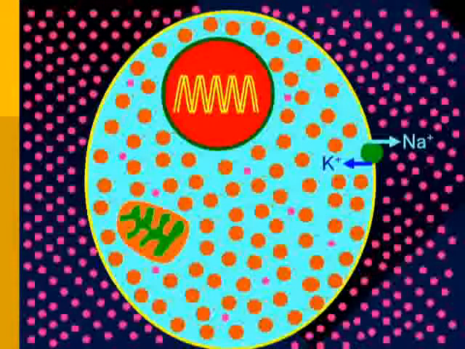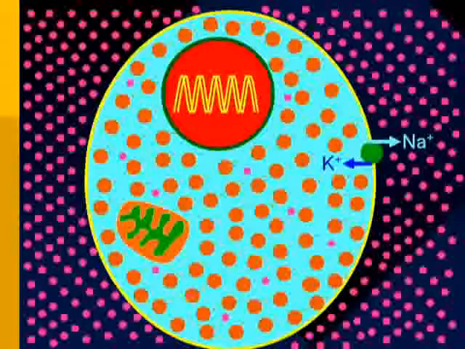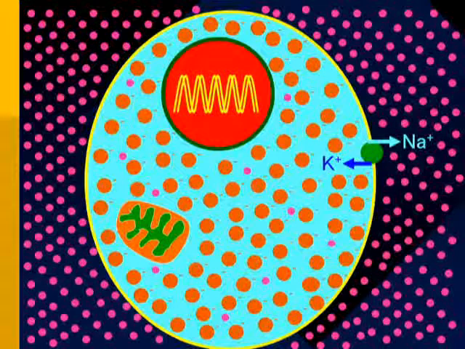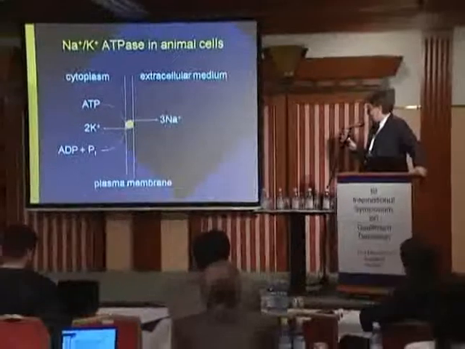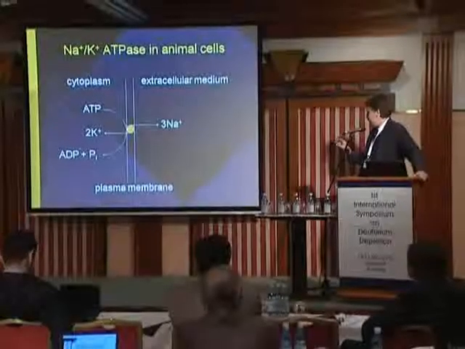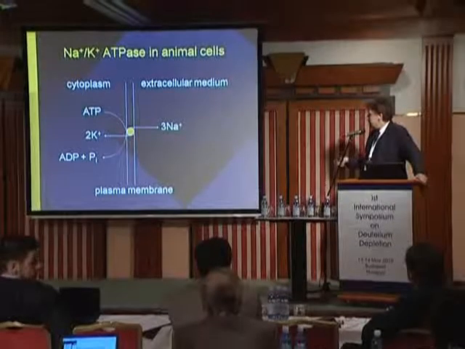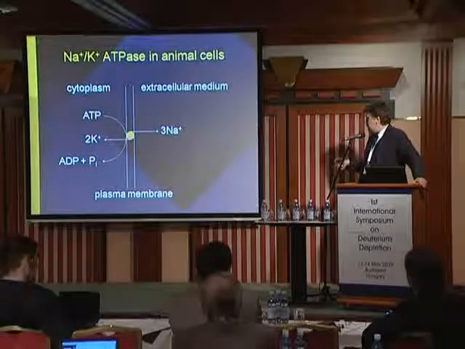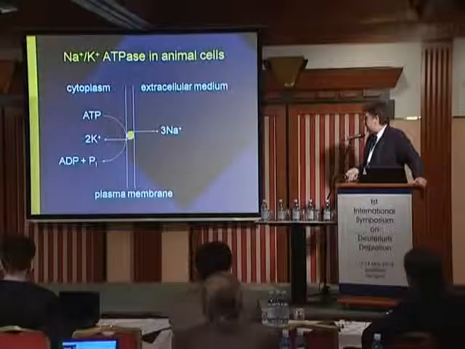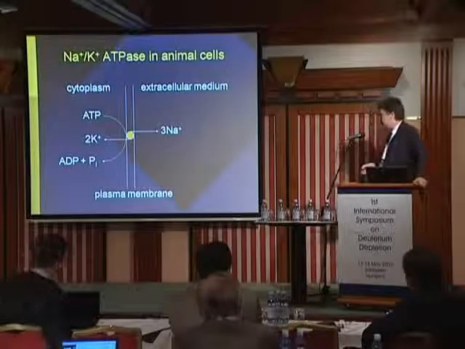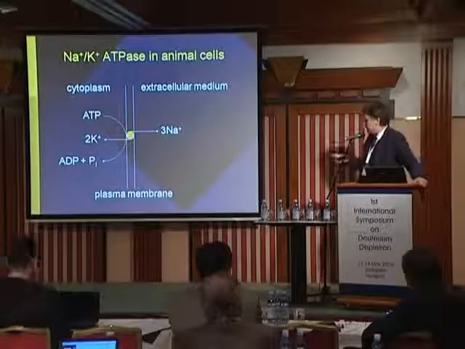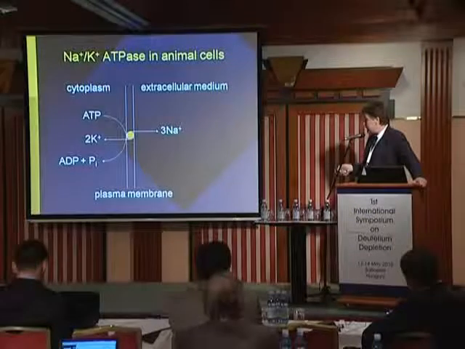Otherwise, the cells could not maintain their normal volume. So the animal cells have a sodium-potassium ATPase, which pumps 3 sodium out and 2 potassium in at the same cycle of the functioning of the pump. Therefore, it contributes to the existing membrane potential.